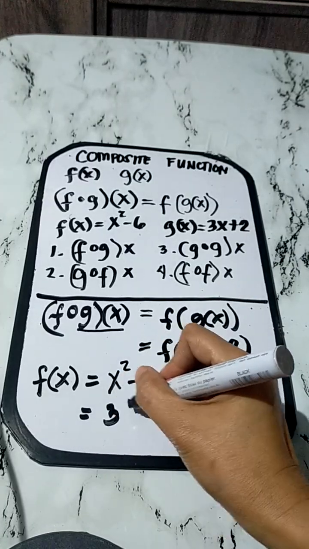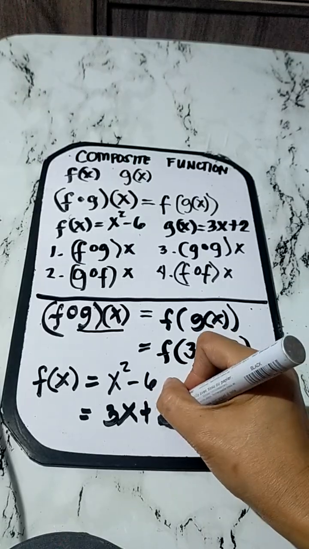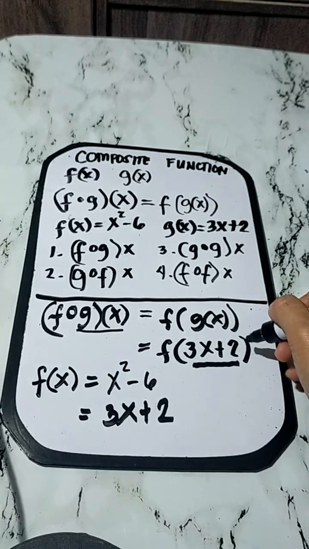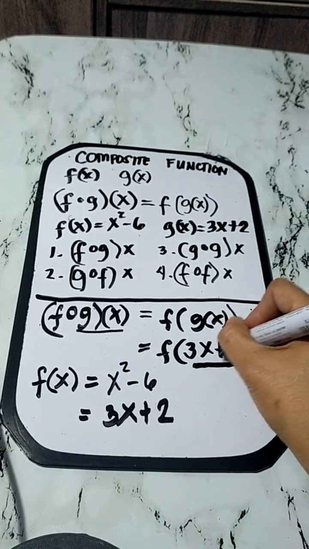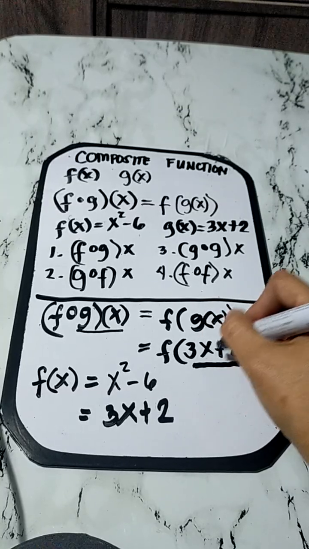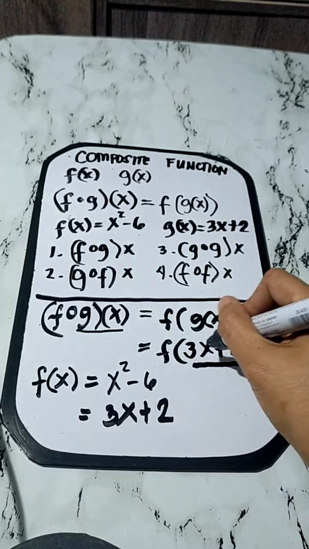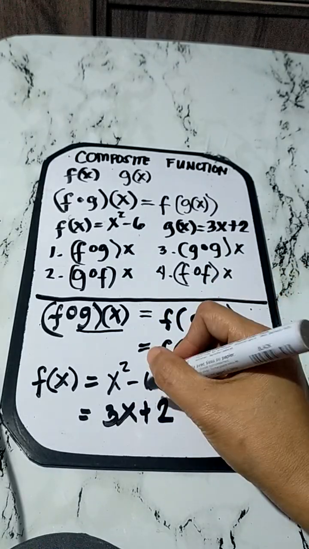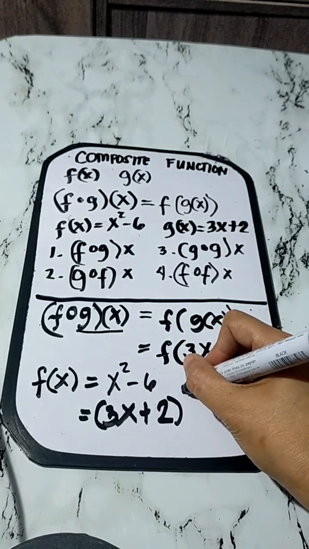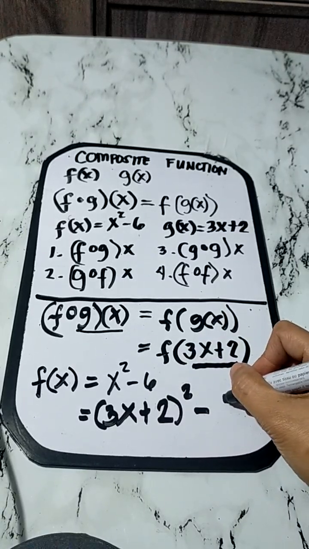So our x is equal to 3x plus 2. This is our new x, so we replaced x here with 3x plus 2. We also have an exponent of 2, which we should not forget. Then we copy the 6.